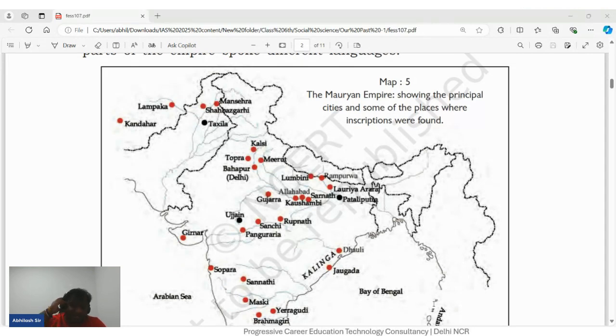The Mauryan dynasty consisted of three important rulers: Chandragupta Maurya, Bindusara, his son, and Asoka.